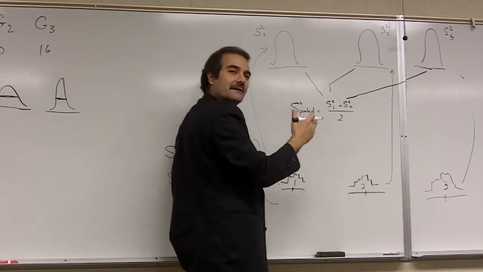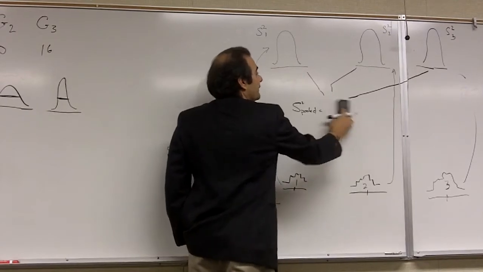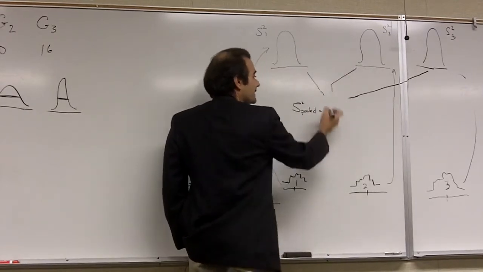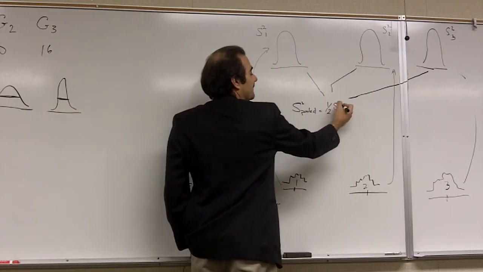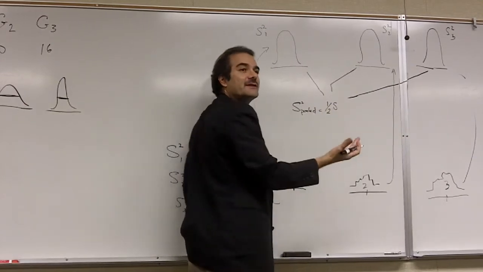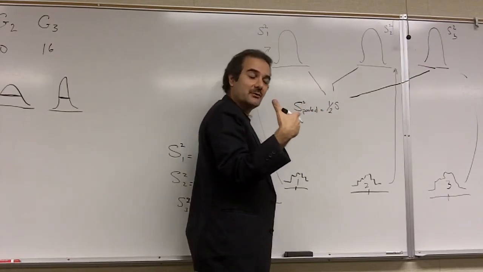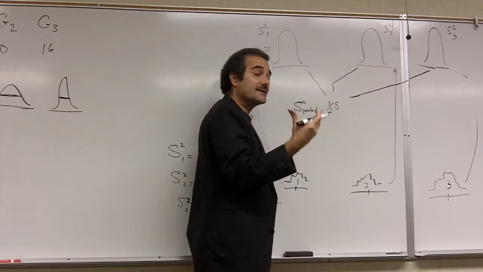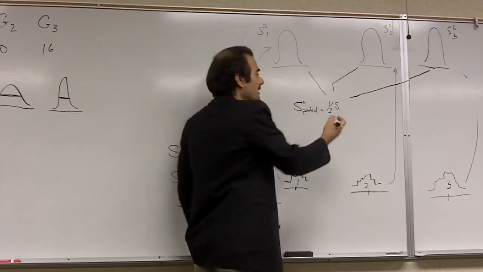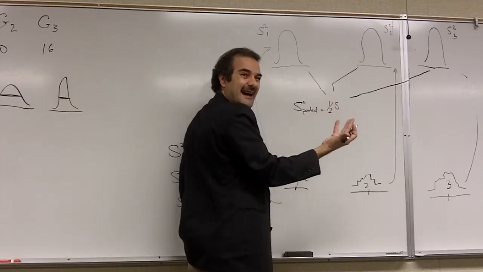Let me repeat again. If these groups were equal in size, each one of the variances will be multiplied by a half. Remember, we just talked about how when you pool groups that have the same sample size, you basically take the average. So your degrees of freedom 1 over degrees of freedom total would be simply a half.